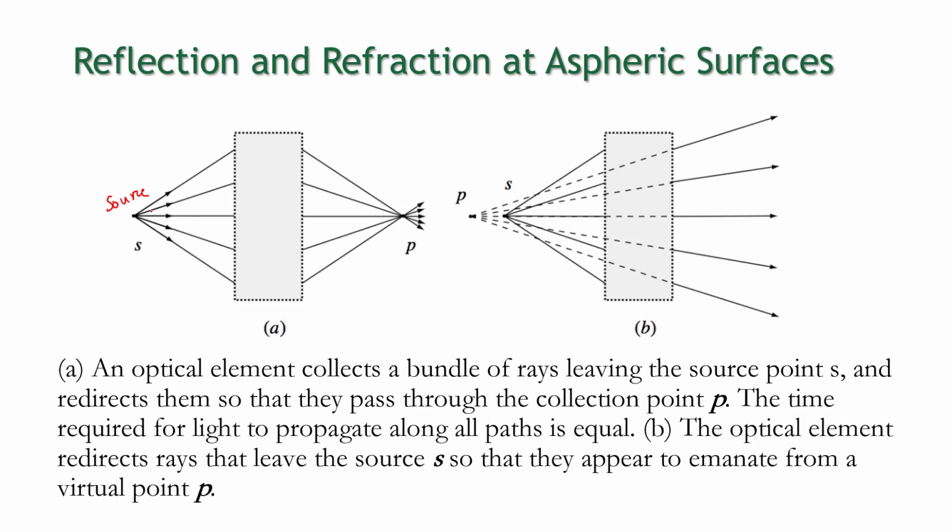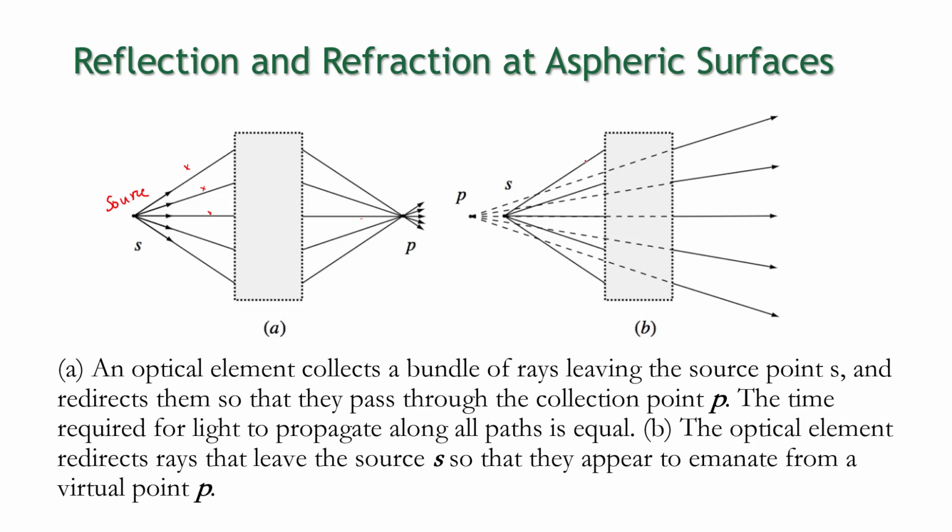Okay, it will take the same time to travel through this path as compared to that path, as compared to that path. So, all these will travel the paths during the same time, so that they meet at that point, right. If it takes some x seconds for this one, it will also take x seconds for this one, x seconds for that one. So, they will take the same time so that they meet at the same point.